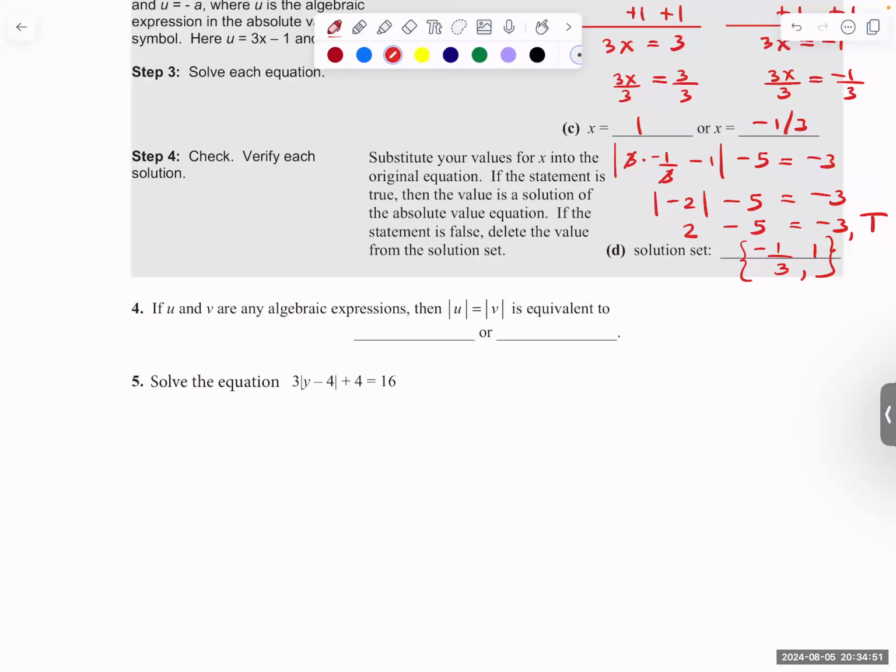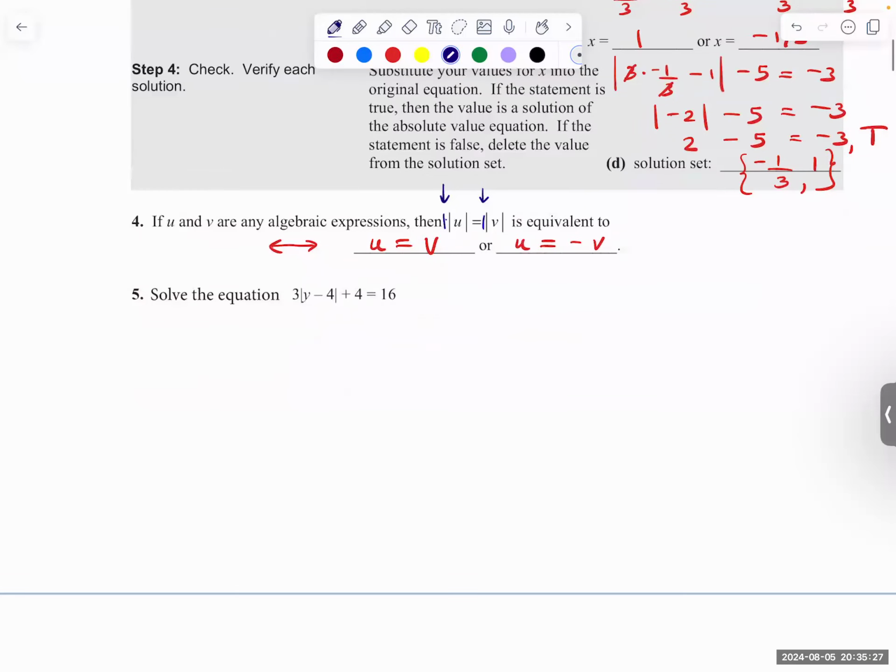Number 4, if we have absolute value of u equals absolute value of v, this equation is equivalent to, double-headed arrow means it's equivalent to, argument u equals argument v, or argument u equals negative v. Additionally, outside of the absolute value bars, there's a coefficient of positive 1. Not always, but that's what we want to have.